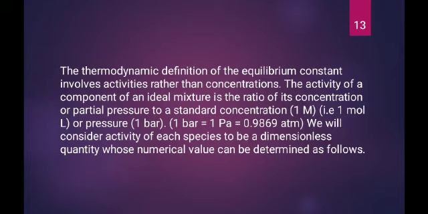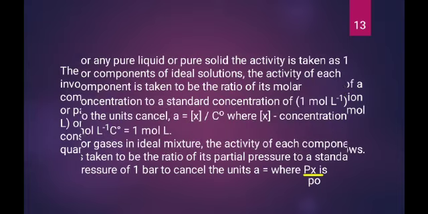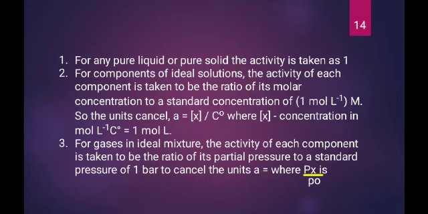For any pure liquid or pure solid, the activity is taken as 1. For a component of an ideal solution, the activity of each component is taken to be the ratio of its molar concentration to the standard concentration.